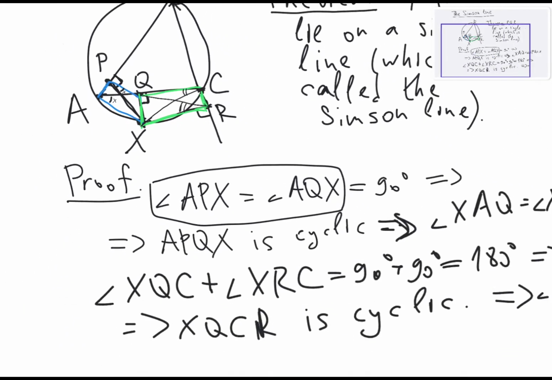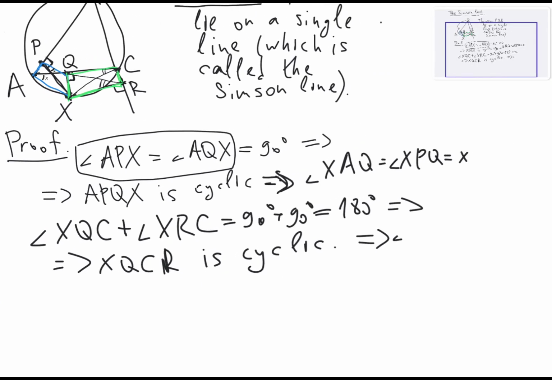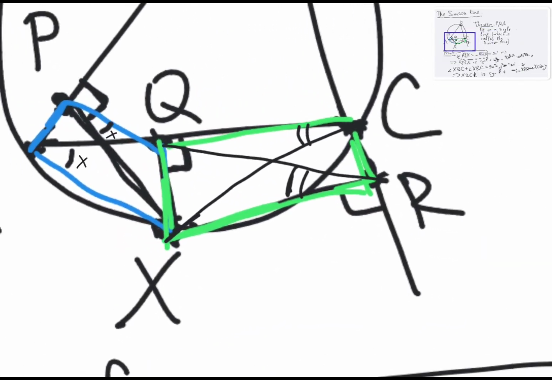So because it's cyclic, we conclude that the angle XRQ is equal to the angle XCQ, and we denote it by y. So we denote this angle by y.